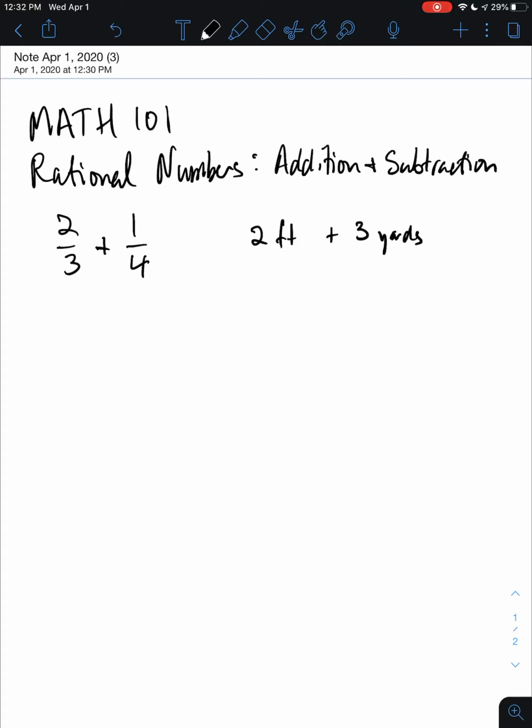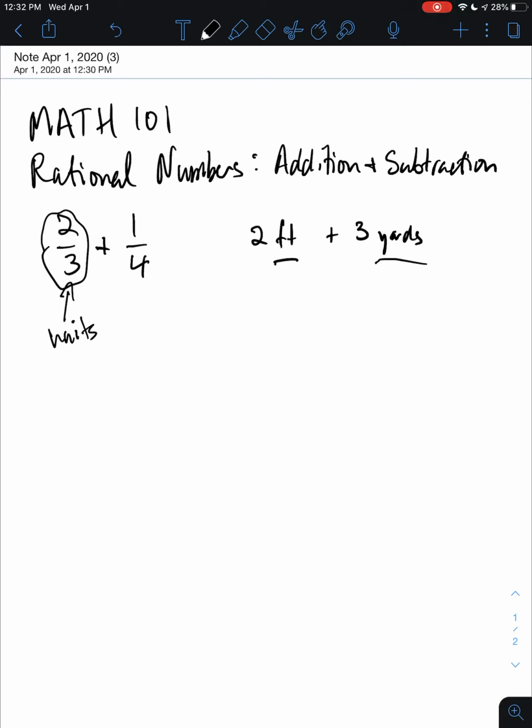I can't just add 2 plus 3 to get 5 of something, because the units are different. So a yard is bigger than a foot, for sure. And so if I just add 2 plus 3 equals 5, that just doesn't give me a sensible answer. So it's the same thing when I add fractions. Here, the units are thirds.